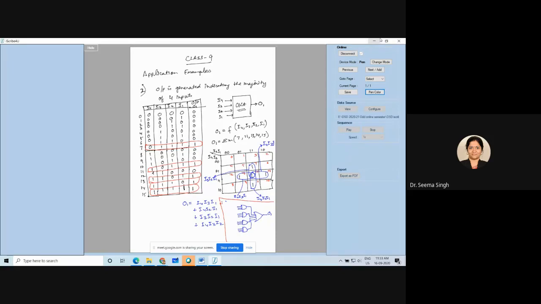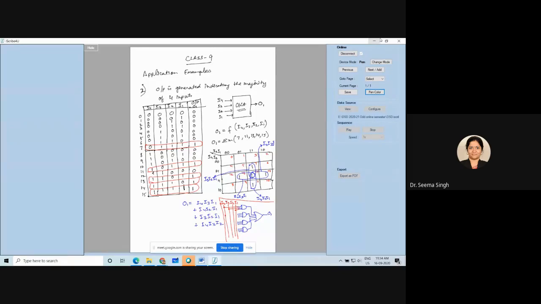Your output should be shown here. I4, I3, I2, I1. These lines will be here, and you should show the connections with that. So first one is I4, I3, I1. So I4, I3, I1, right? Next one is I4, I2, I1.